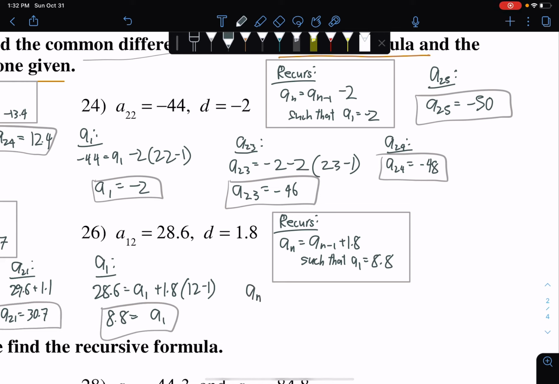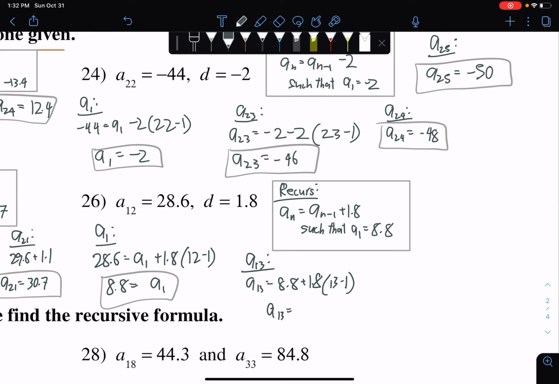A sub 13 is equal to 8.8 plus 1.8 times the quantity 13 minus 1. Place them in the calculator. Our answer would be 30.4.